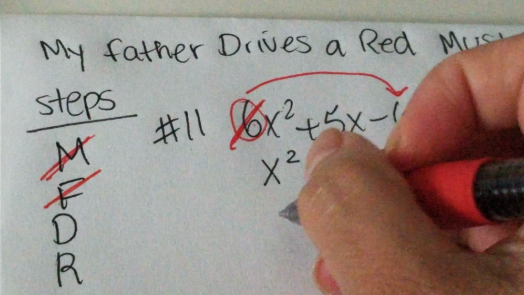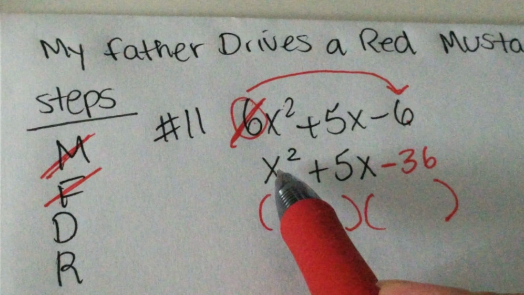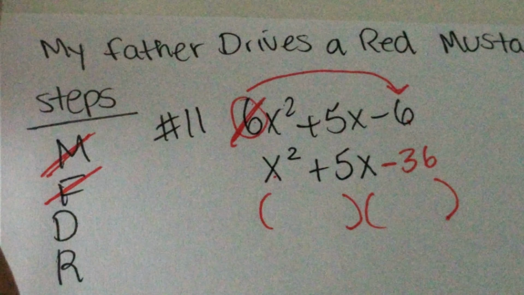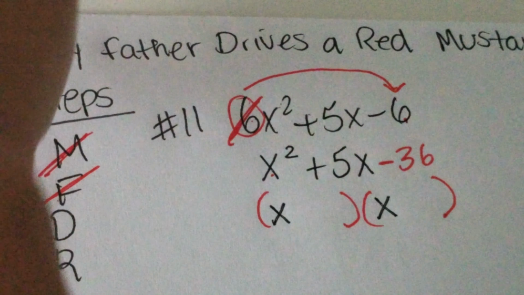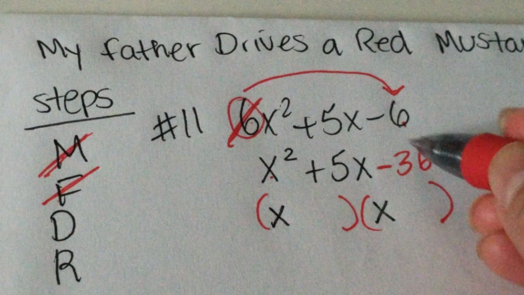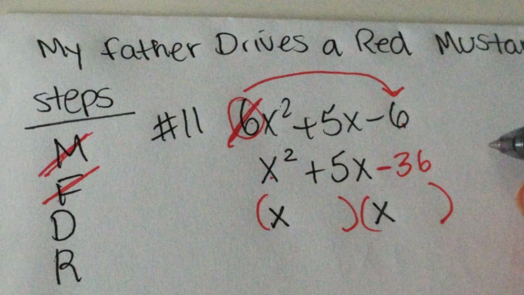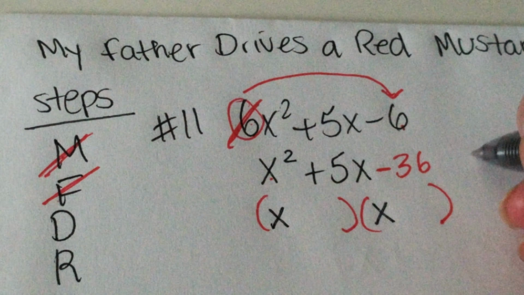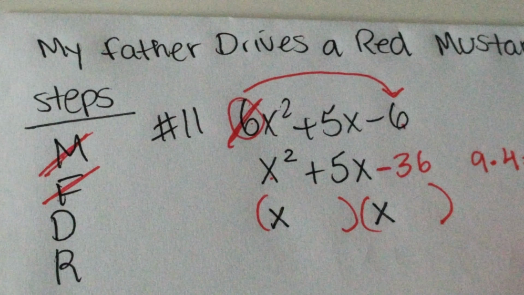So the factors will be when you open the parentheses, find the factors of x squared. So that's gonna be x times x. And now for these two numbers, find the factors of 36 that add up to 5. So that's gonna be, I think, 9 times 4. 9 times 4 is 36.